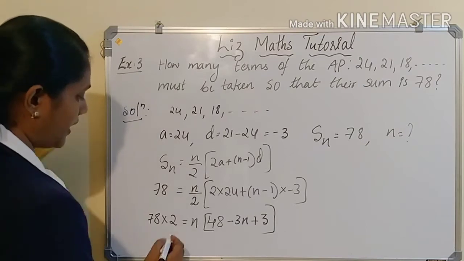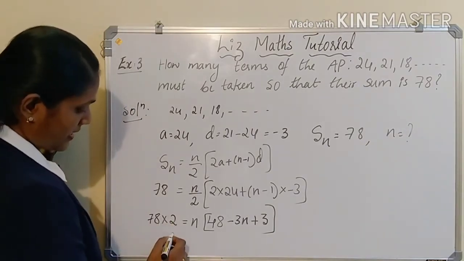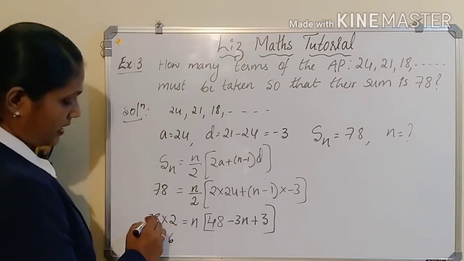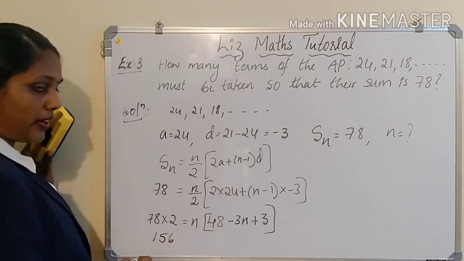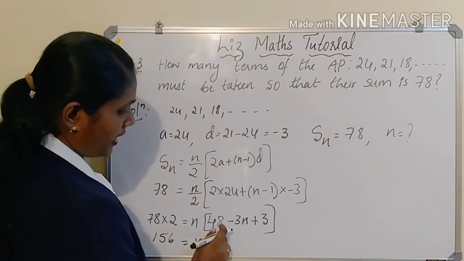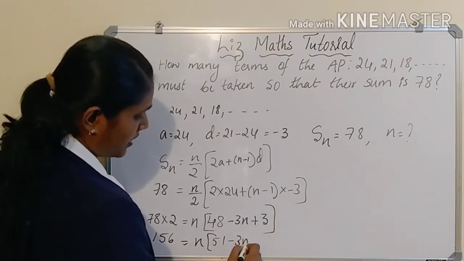Now you have to multiply. 8 2s are 16. 1 in your hand. 8 2 7s are 14. 1 plus 15, 156 here. 48 plus 3 is 51, minus 3n.